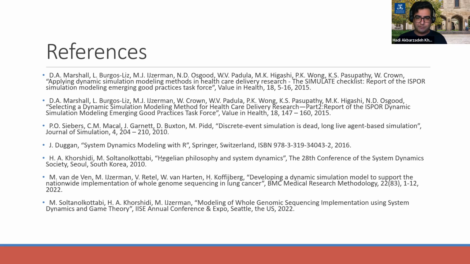So yes, it can be applied. I think there might be some research, though I haven't seen it, that addresses COVID-19 pandemic modeling using system dynamics in the literature. You can find it somewhere. But yes, the answer is yes.